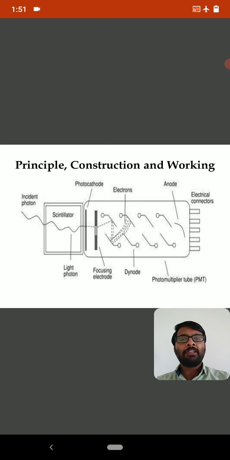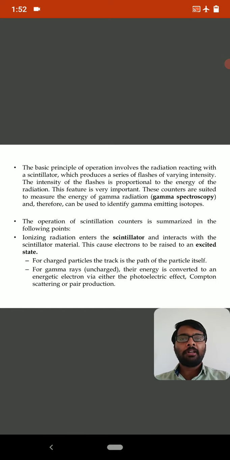So this is the construction, working as well as the principle of the scintillation detector. It has a scintillator and it has a photomultiplier tube. In that photomultiplier tube we have a photocathode, a series of dynodes through which the electron multiplication takes place, and the electrons are collected at the anode. So this is the block diagram which explains the principle as well as construction and working of this scintillation counter.